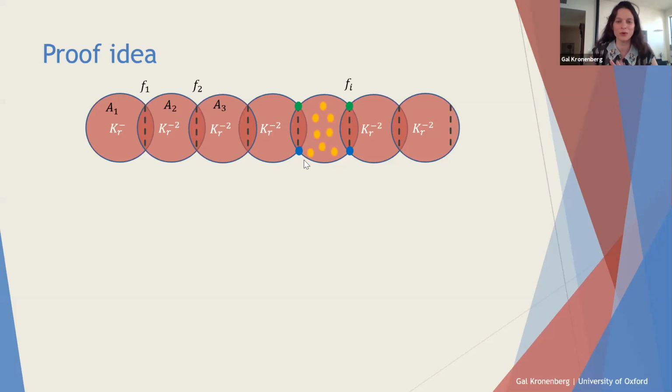I don't want blue to infect blue and green to infect green. I want only the edges that get infected to be between the blue and the green. And I have all the other vertices of my clique, and the edges between them are already there. And I want to make sure that no new edges appear, like between two different yellows or yellow and green from here. I really want to make sure that this is a different set.